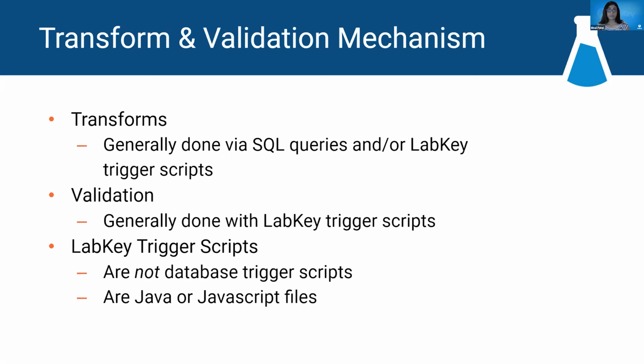You can also use LabKey trigger scripts to do such transformations, and validation is most generally done with LabKey trigger scripts. LabKey trigger scripts are not database trigger scripts. You must have heard the term trigger scripts in the context of databases, but in the LabKey ETL context, these are Java or JavaScript files, which is where you code your transform and validation rules.